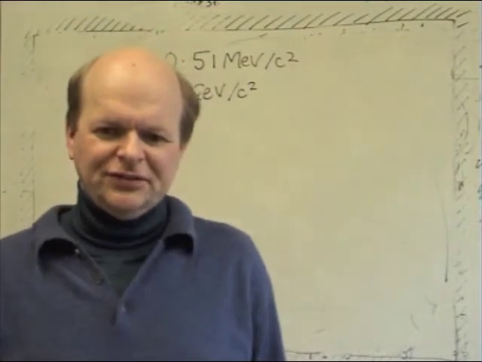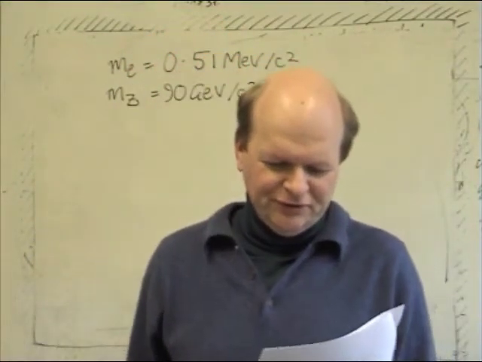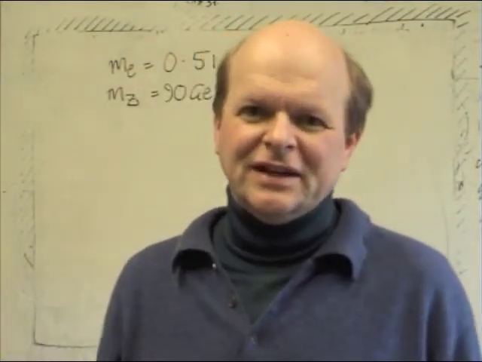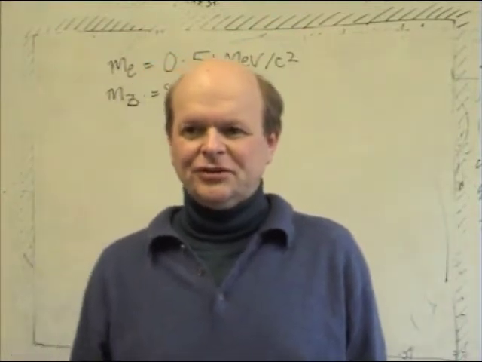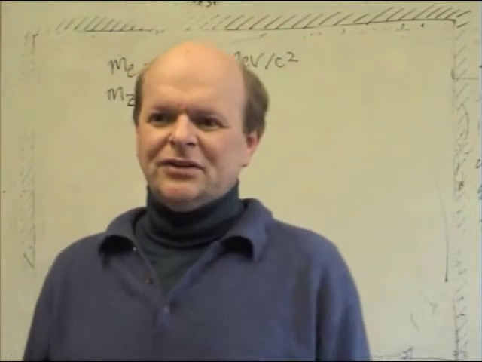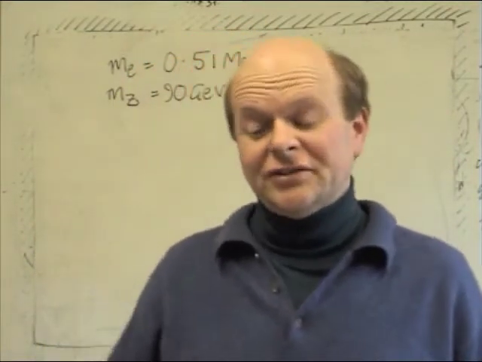So you might guess the answer to this. The guessed answer is that they each need to have 45 GeV of energy, and then when they collide together the energies add up and that produces enough energy, 90 GeV, to make a particle of mass 90 GeV upon c squared. That's the guess, and it turns out it's correct.